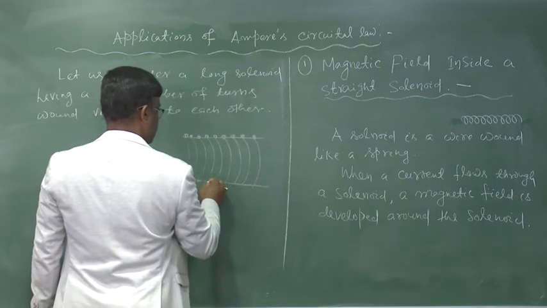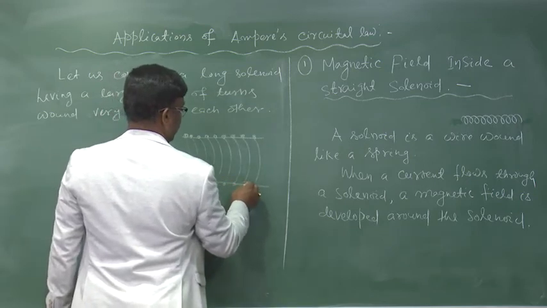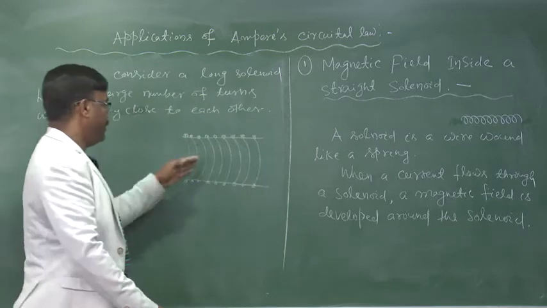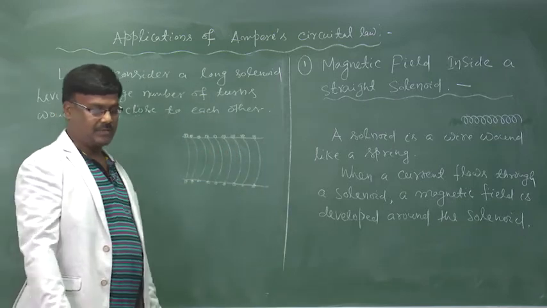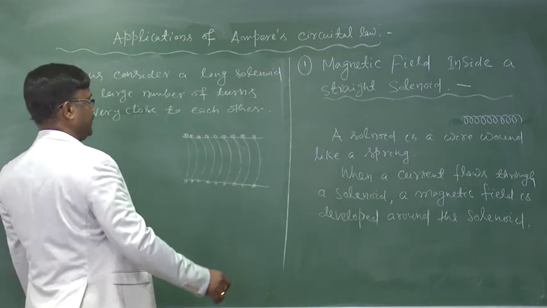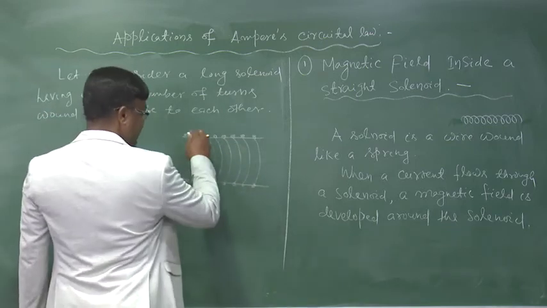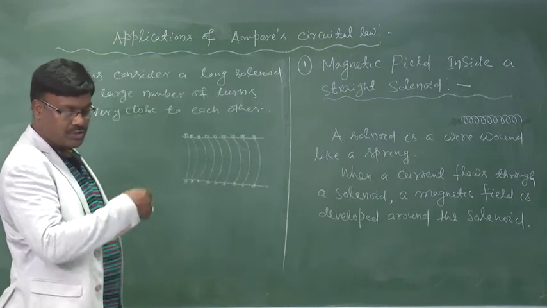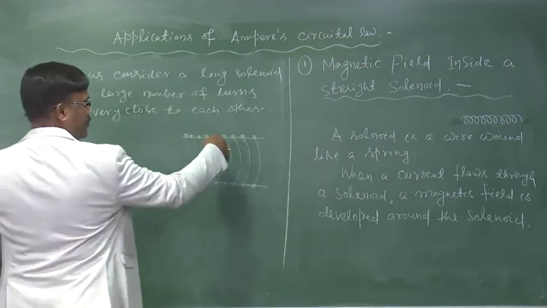This is a solenoid in which a large number of turns are wound very close to each other. Let a current I flow through the solenoid.